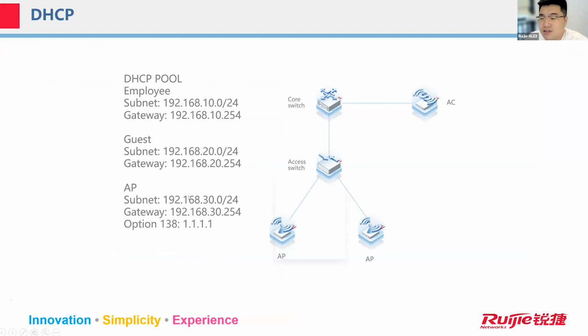For the AP is VLAN 30, so 192.168.30.0/24, and the gateway is 30.254. And the last but not least is the option. Option 138 is 1.1.1.1. And actually it's the IP address of the loopback 0 on AC, right? This is what we should configure.